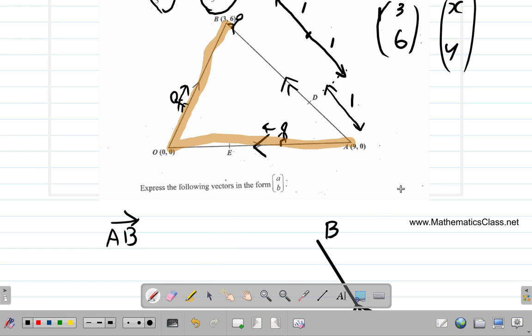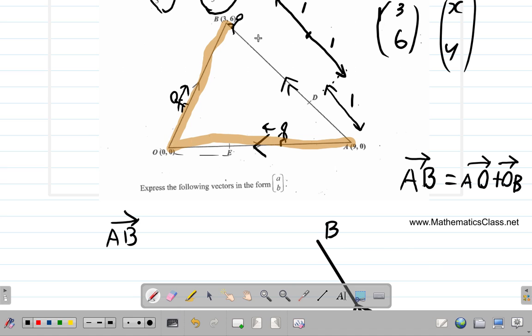So therefore you can say AB is equal to AO plus OB. A to B, you end up the same place by saying A to O, then O to B. Do you see that? You get AB by adding AO to OB. That is what you have there.